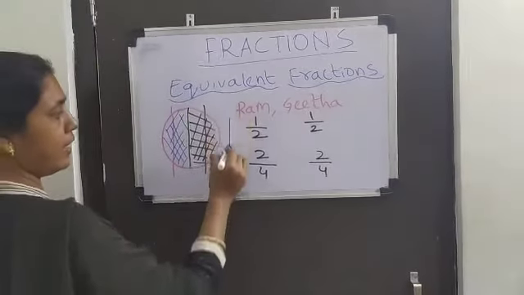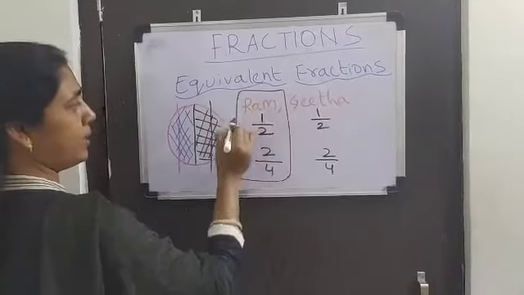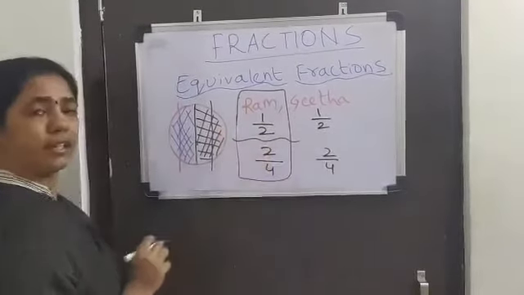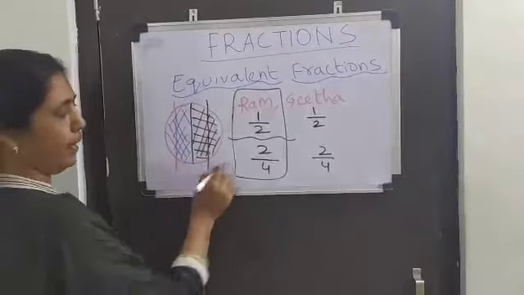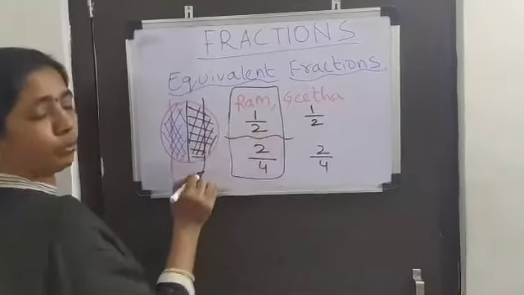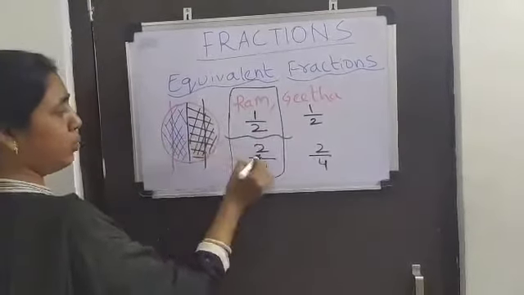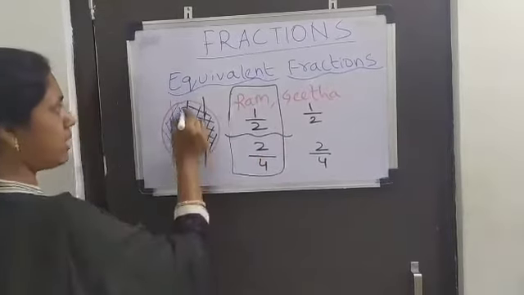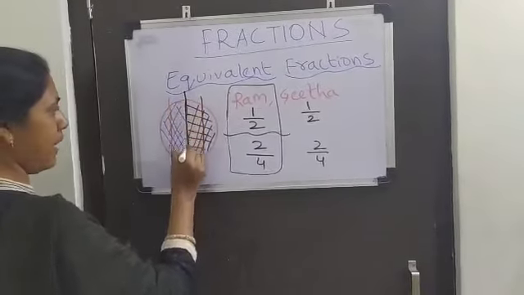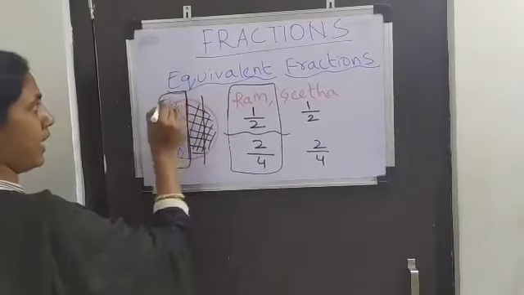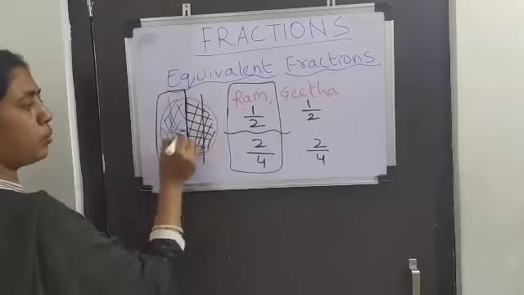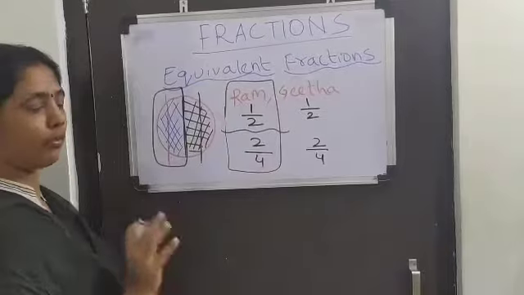So if I am asking how much did Ram eat? So what will you say? He ate half of the apple, or 1 part out of 2, or here 2 parts out of 4. So if you see, though Ram has eaten a half apple as a whole or after dividing into 2, he has eaten the same amount of apple.